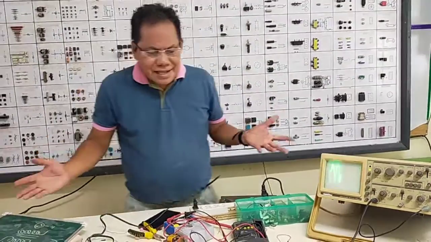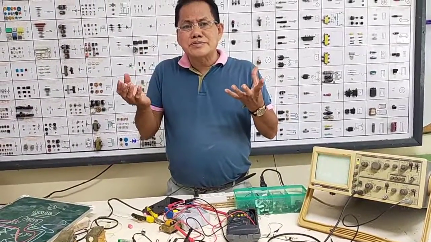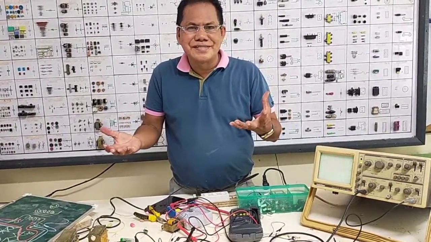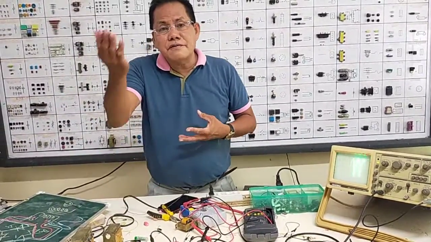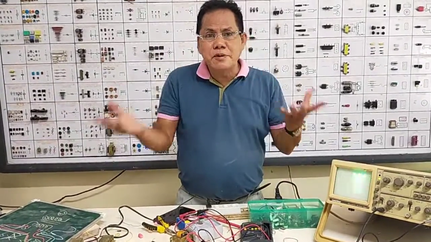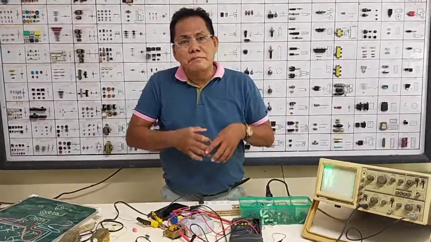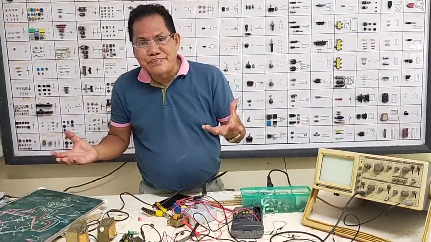Okay class, let us now consider, actually, the diode parameters. We have to consider them before we connect them to the circuit. There are 4 diode parameters. These are the peak inverse voltage, that is the maximum voltage of the diode in the reverse direction.